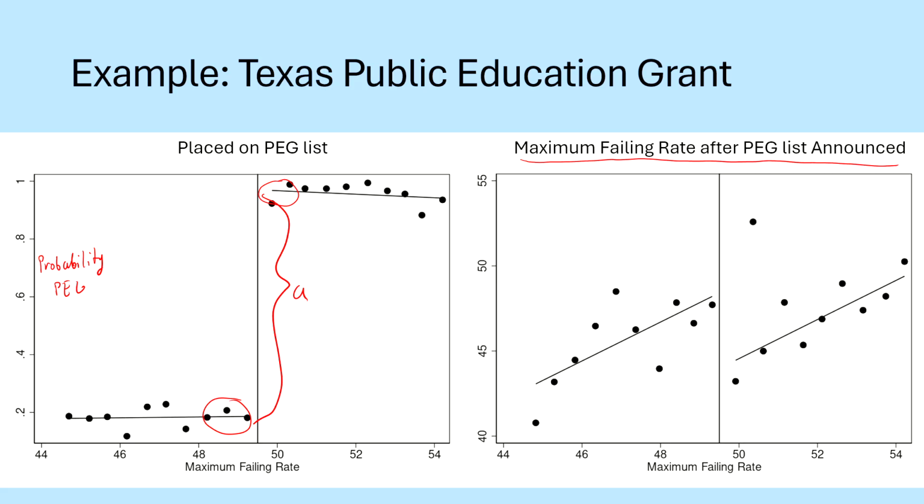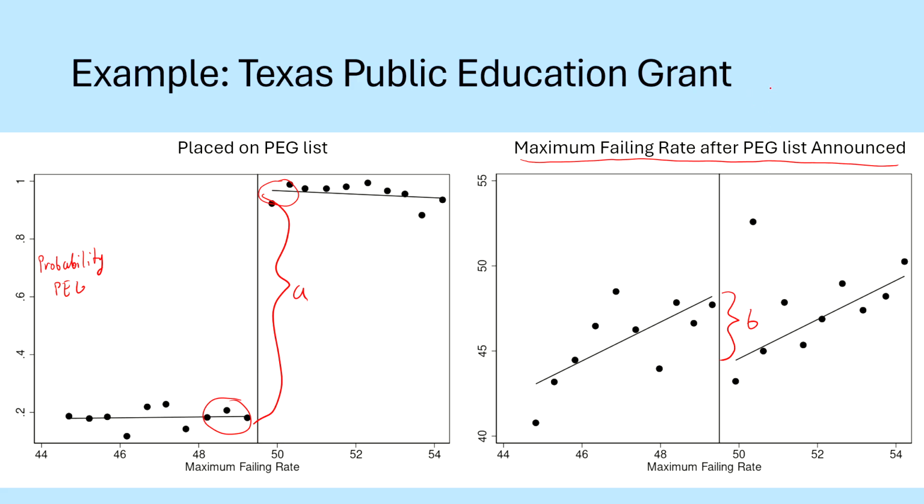Maybe they devote more classroom time to improving the things that are tested, or they do things like that. We do see that there is a jump in the averages between the left-hand side and the right-hand side, where the failing rate goes down among schools that were placed on the PEG list, which is exactly what you would expect. If you're placed on the PEG list, you have an added incentive to improve your standardized test scores so that you don't get on the PEG list again in the future.